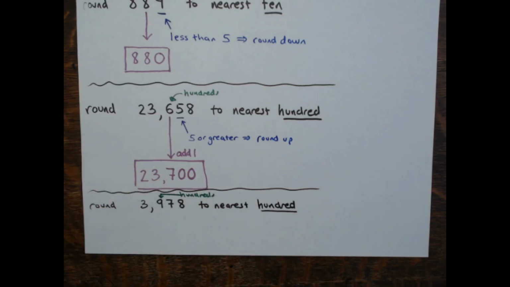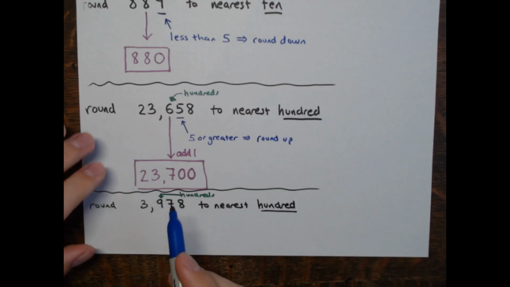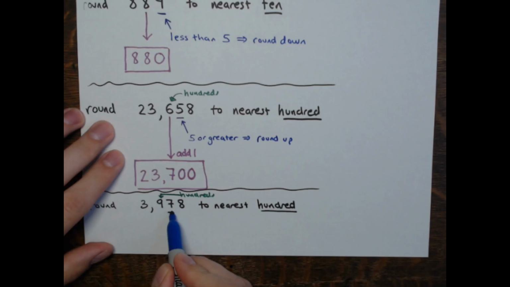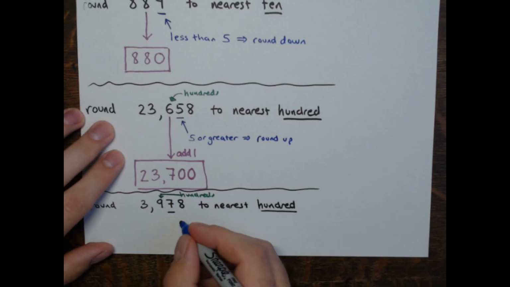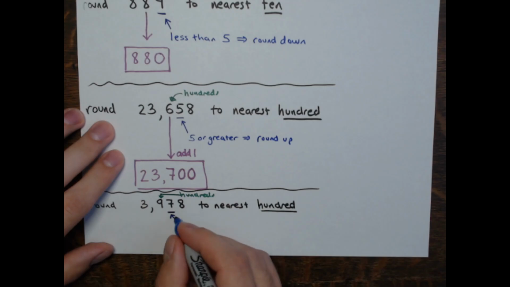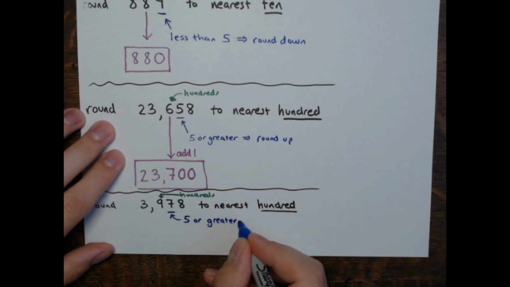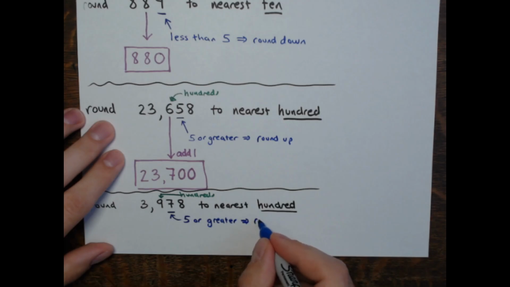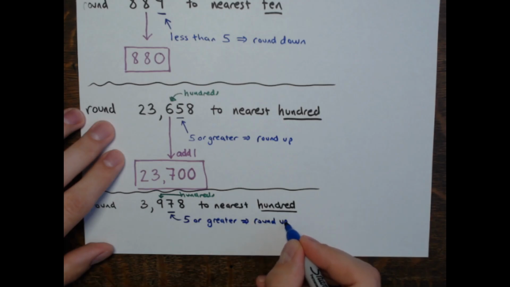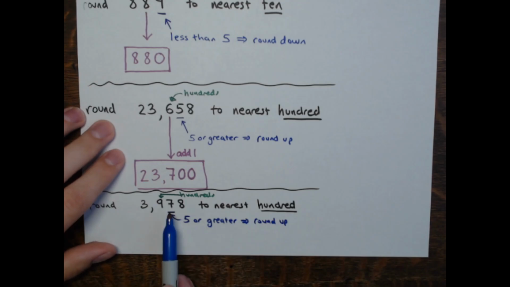Sorry about the tiny writing. Underline the digit to the right of it in the tens place. This 7, which is 5 or greater, meaning we're going to round up. Finally, we get an example where, when I round up, the digit in the place I'm rounding to is a 9.